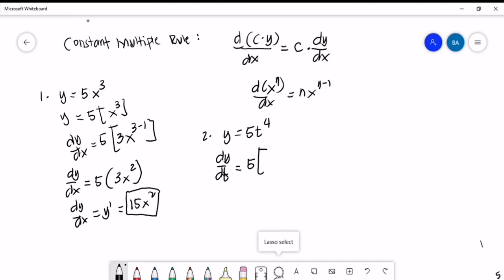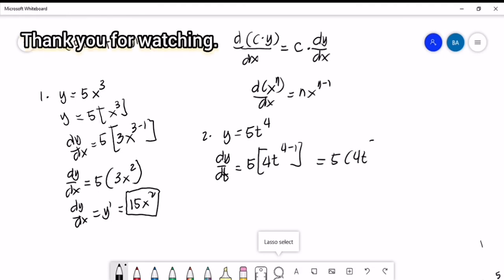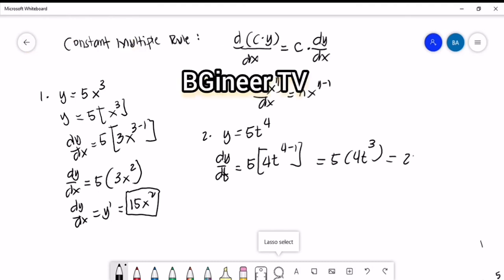Now we can apply the derivative of t raised to 4: bring down 4, and then t raised to 4 minus 1. Overall, this is 5 times 4t raised to 3, since 4 minus 1 is 3, which is equal to 20t raised to 3. This is our answer.